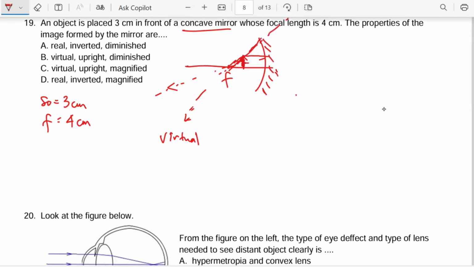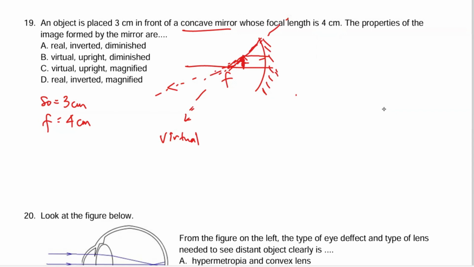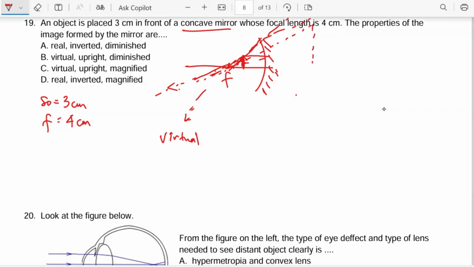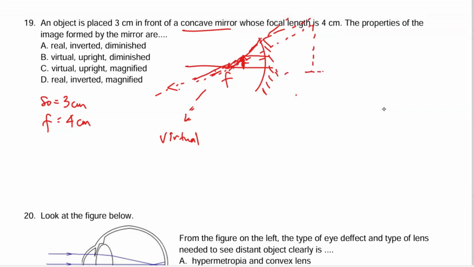This is a reflected ray, and we can extend this one to the back as well, so they're going to meet somewhere here. So the image is going to be virtual, upright, and magnified.